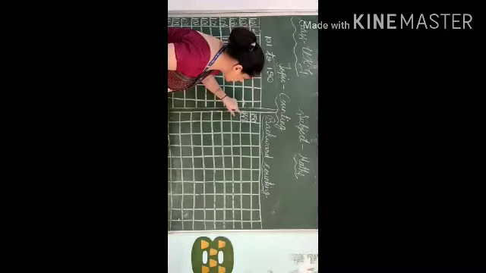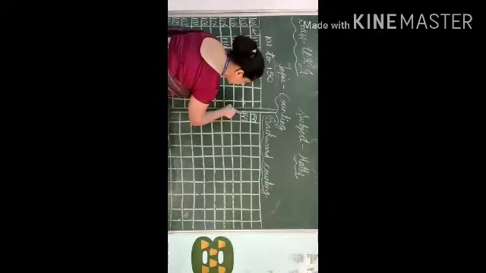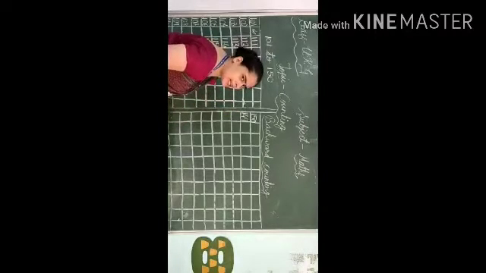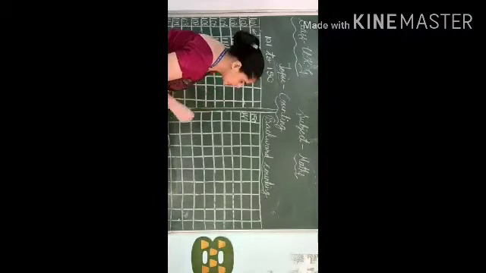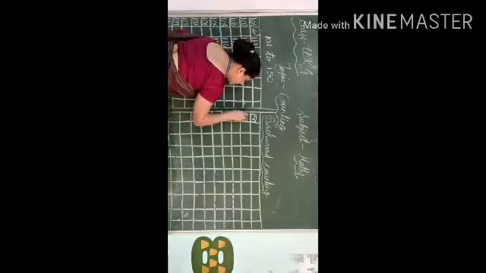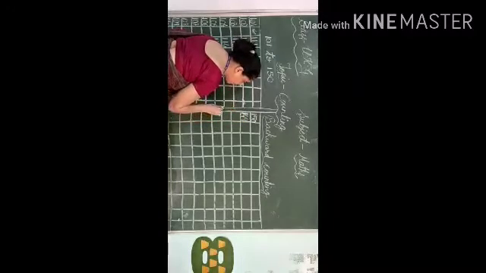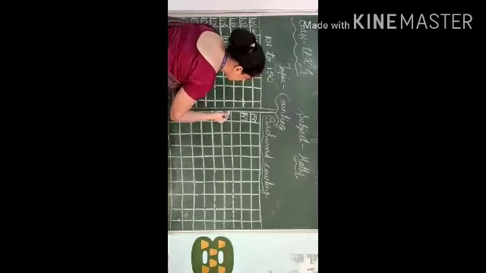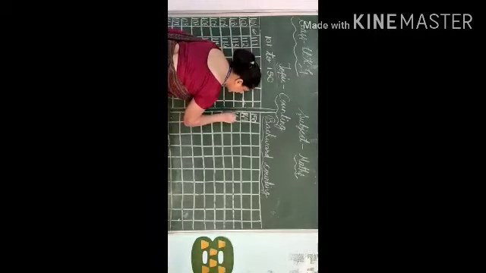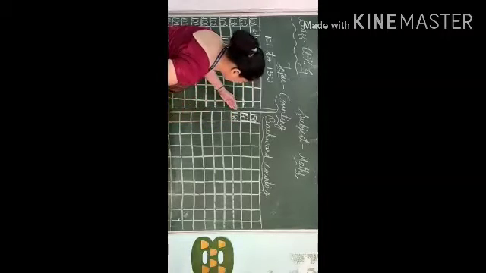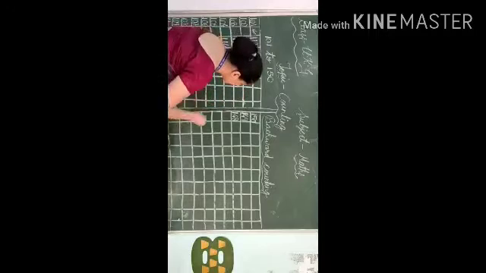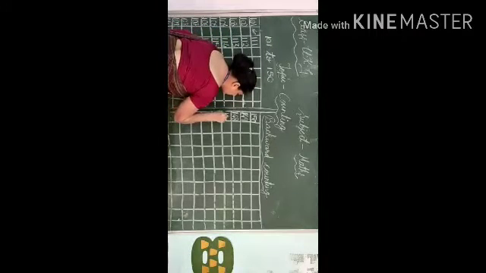Is this the right way to write the numbers? See, I didn't touch 1 from the bottom line. No. We have to touch the numbers from the bottom line. Before it comes 148, and before 148 comes 147.